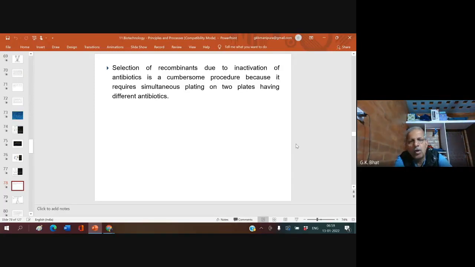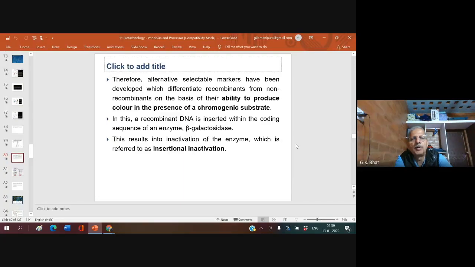To solve this problem, alternative selectable markers have been developed, which differentiate recombinants from non-recombinants on the basis of their ability to produce a color in the presence of a chromogenic substrate.